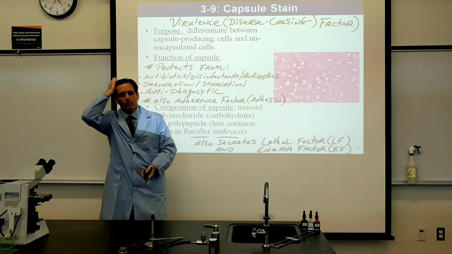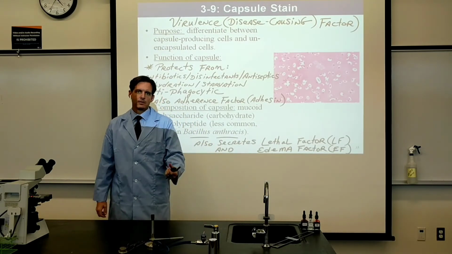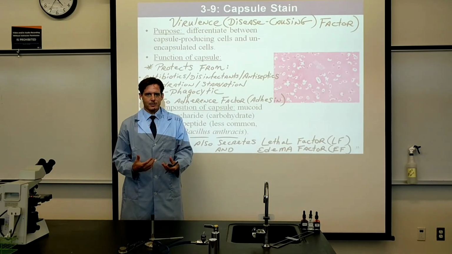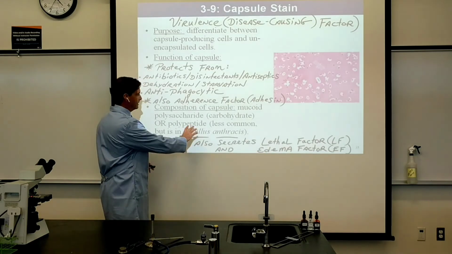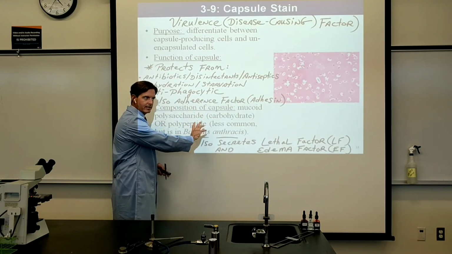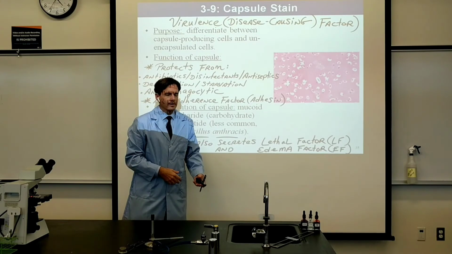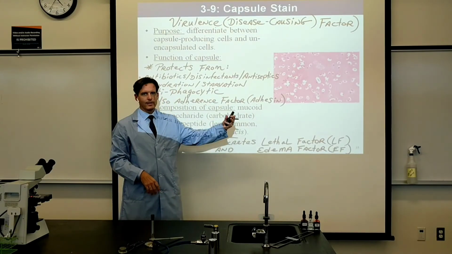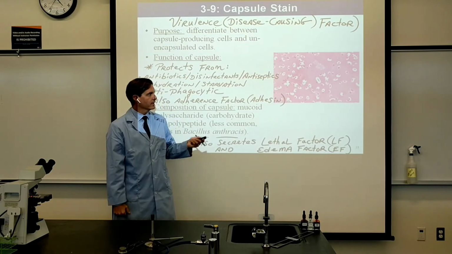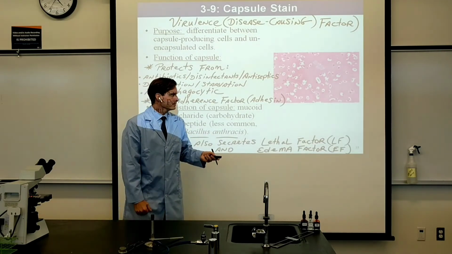And you might be left wondering, well, how does the capsule not take on the stain? Apparently, capsular structures, which are made of these mucoid polysaccharides or mucoid polypeptides, lack a charge. And without a charge, the negatively or positively charged dyes don't really interact with the capsule.